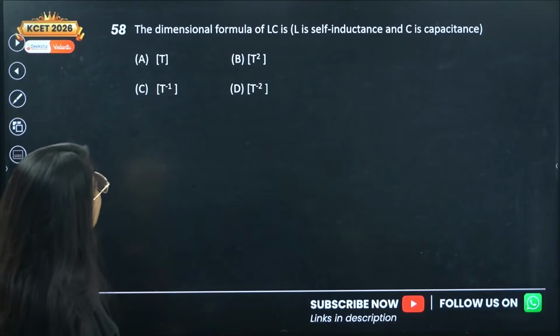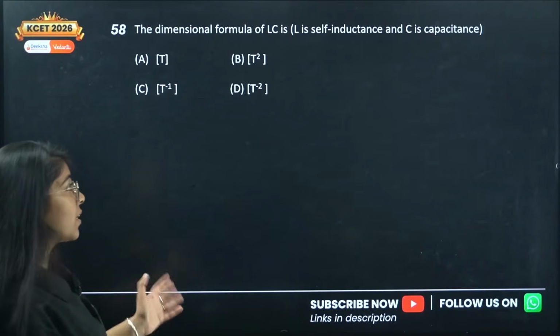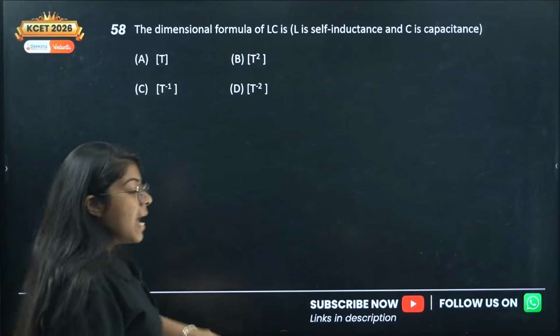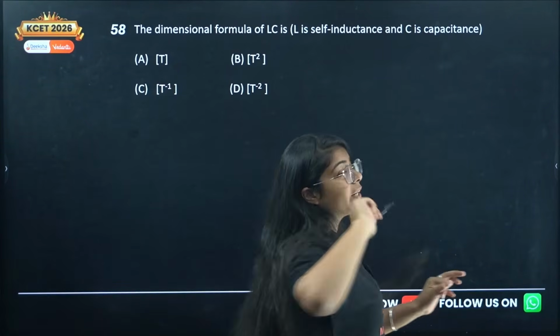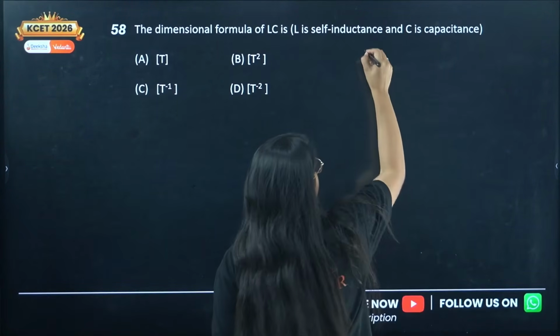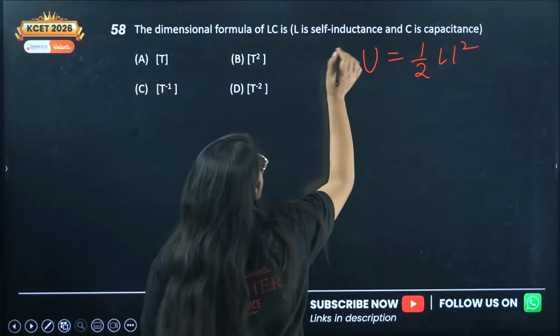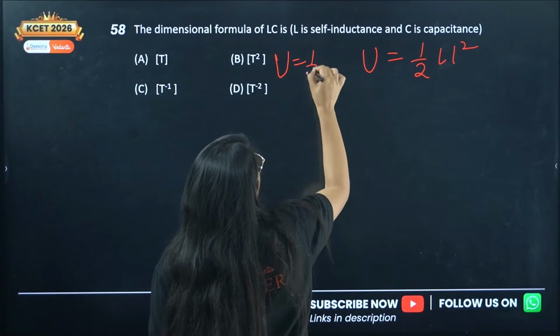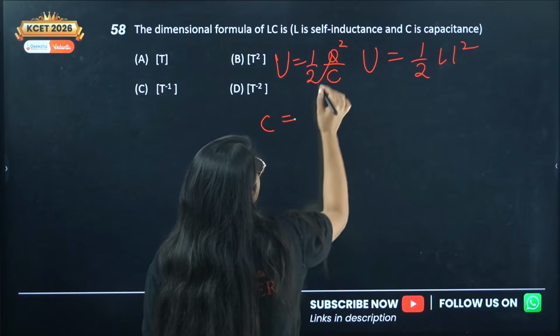58th question says the dimensional formula of LC is, L is self-inductance, C is capacitance. Okay, if you forget about this, let's see how you can calculate it. So U is half Li square for an inductor and U is half Q square by C for a capacitor.